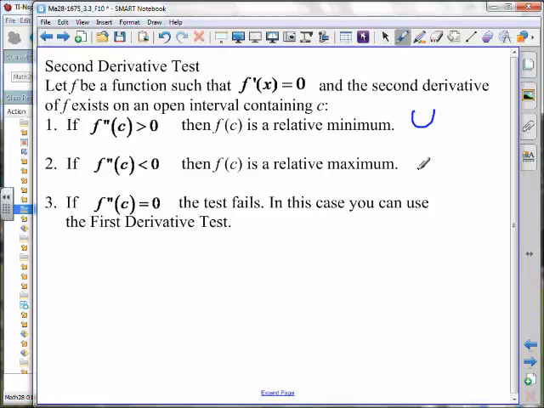If the second derivative value, when you put that critical number in, is negative, you know it's concave down, you know you have a maximum. If it is equal to 0, we don't know anything. We've got to investigate it further. The inflection point is somewhere between where it's concave up and where it's concave down.